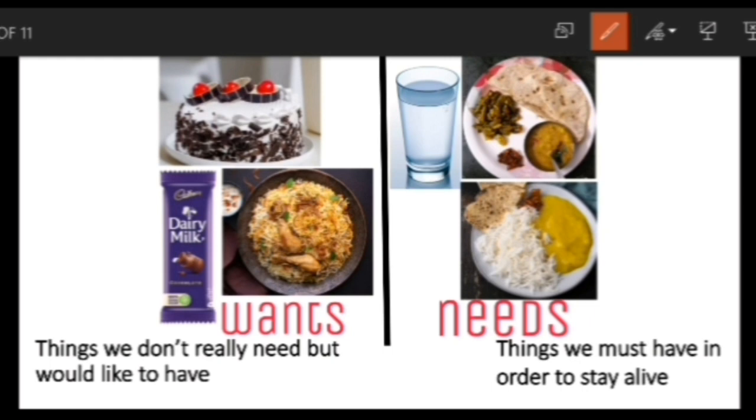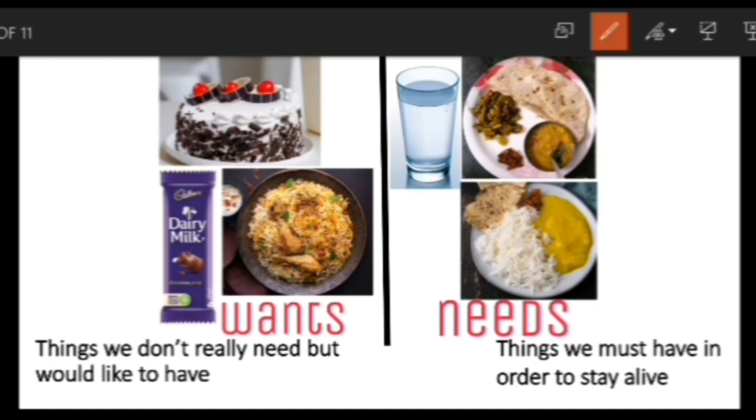Let us see. In this slide, you all can see 2 pictures, one on the want side and another on the need side. On the want side, there is a picture of a cake, chocolate and biryani. And on the need side, a picture of a glass of water, rice, dal, roti, sabzi. So the foods which are shown on the want side, these are the foods which we don't need on a daily basis, which we would like to have.